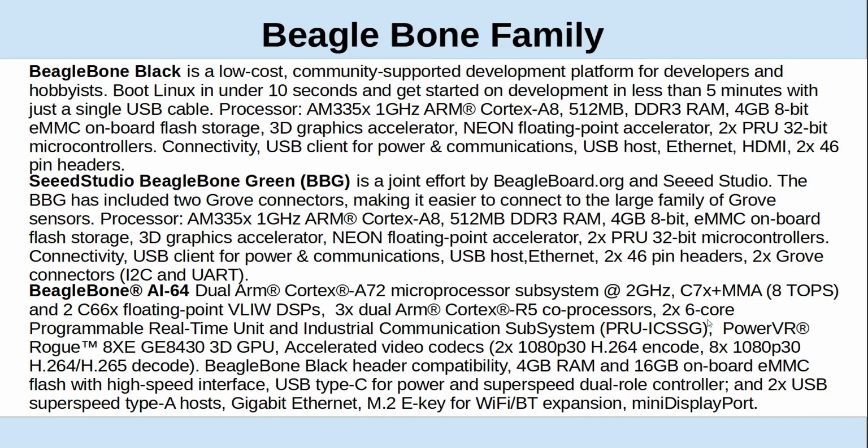No, those are the real-time units, independent processors. I'm not sure what frequency those are running at. On the Black, they're 200 megahertz. It's got more codecs on it. Interesting sounding board.